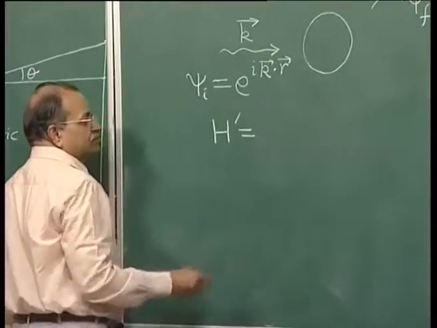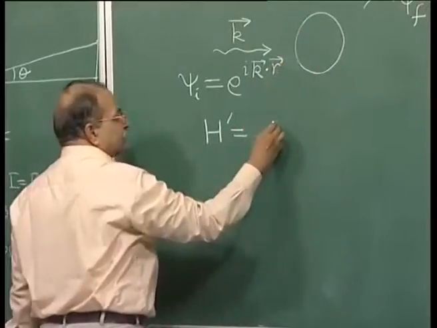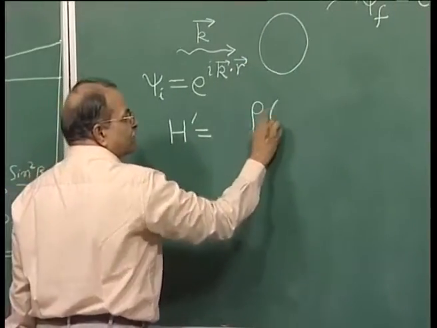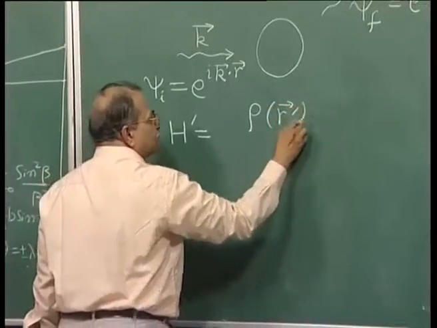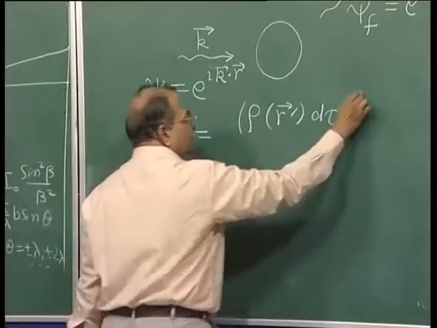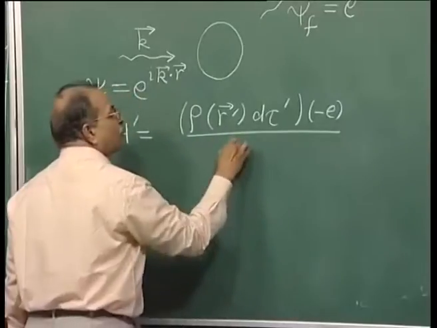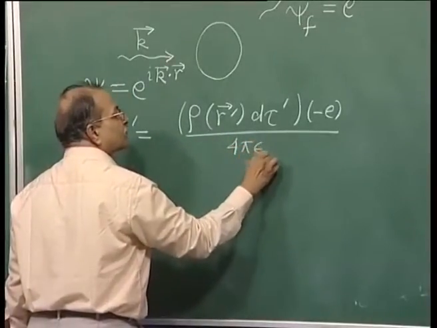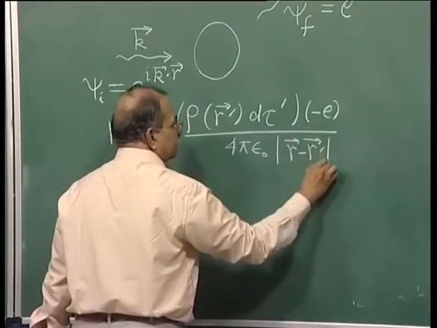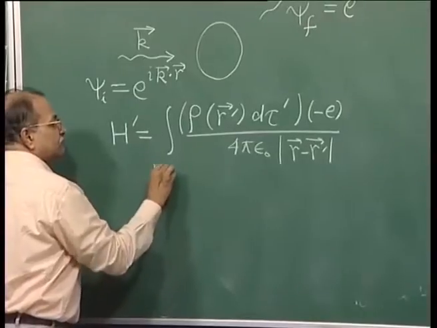This is, if the electron is somewhere here, then the energy will be rho of r prime d tau prime, times minus e divided by 4 pi epsilon naught, and then mod of r minus r prime, and integration over the nuclear volume.